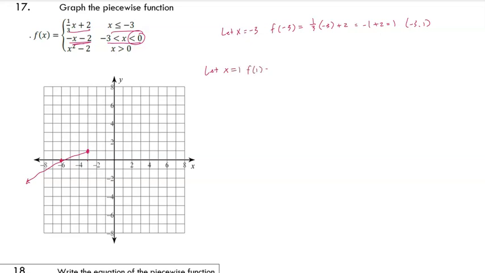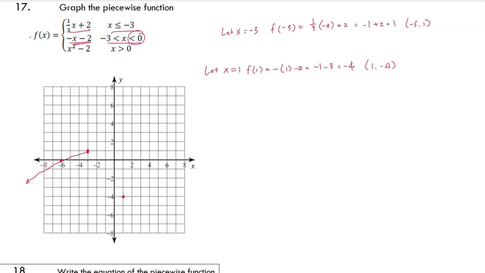Okay, f of 1 equals negative 1 minus 2, negative 1 minus 3 equals negative 4. So that's going to be 1, negative 4. And then the negative 1 tells us to go, wait a second.